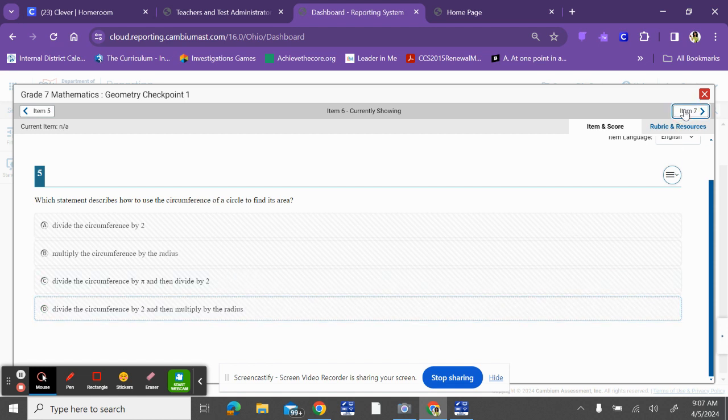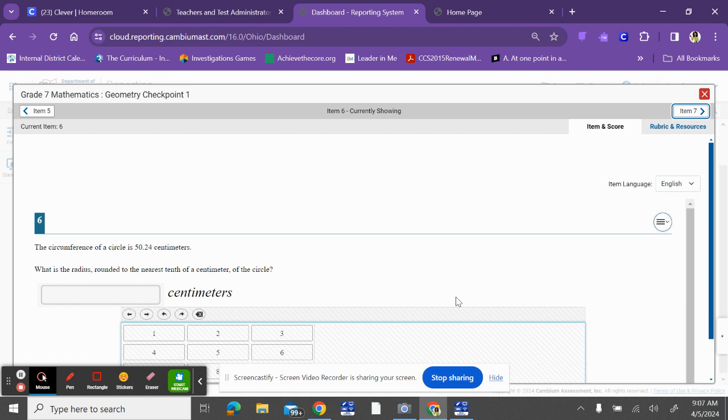All right, almost finished. We have the circumference of a circle, and they want to know what the radius is. This is very similar to what we did in our book. So we have C is equal to 50.24. They want the radius rounded to the nearest tenth.